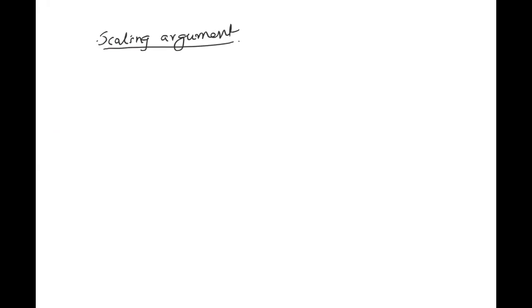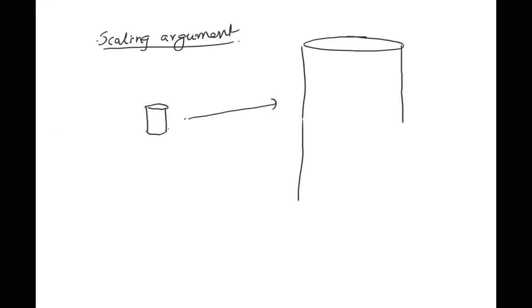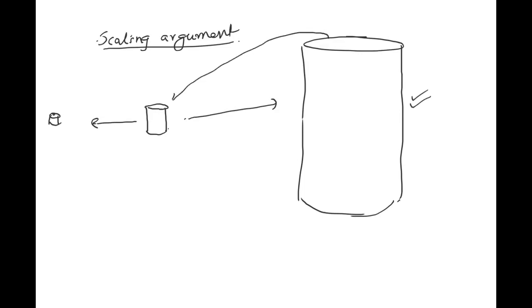The scaling argument is that if I have an object, and if I can scale this object to a larger one, or vice versa, scale this object to a smaller one, then if I know the properties of this larger guy, I can work my way backwards to work out the properties of the smaller guy.